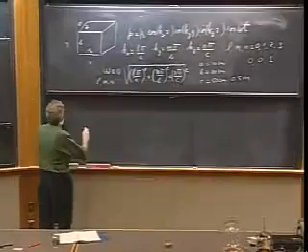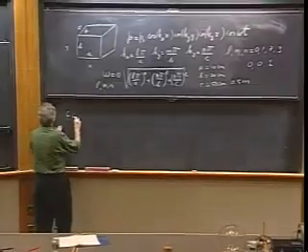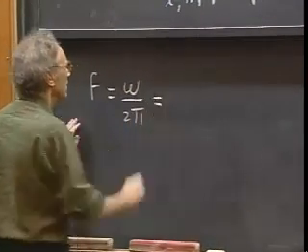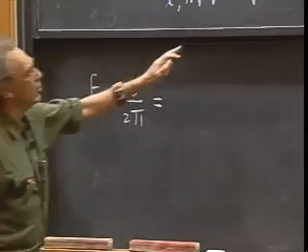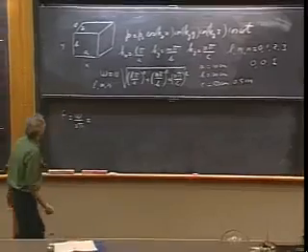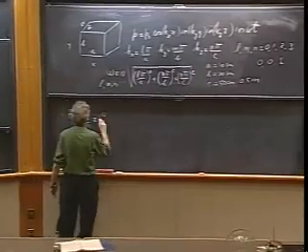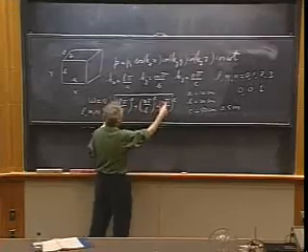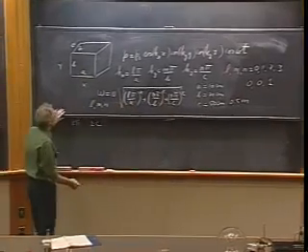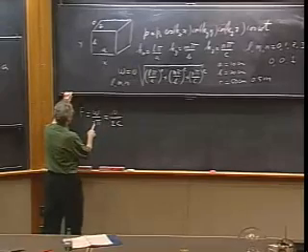For the 0, 0, 1 mode, I then get a frequency f, which is omega divided by 2 pi. And that means I lose all these pi's here, by the way. And so I get v divided by 2c, that is my c. Because look, if I make n 1, my pi is gone, so I only have a 1 over c squared. This is 0, so I get 1 over c, and the 2 comes from this.